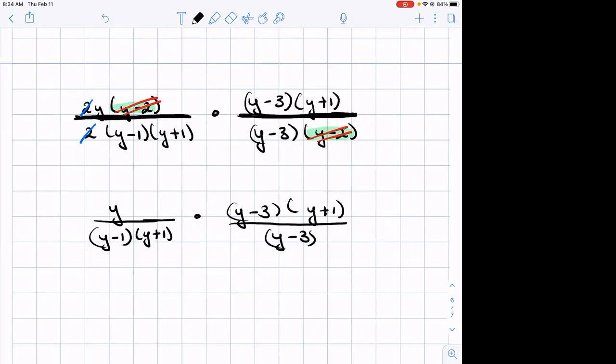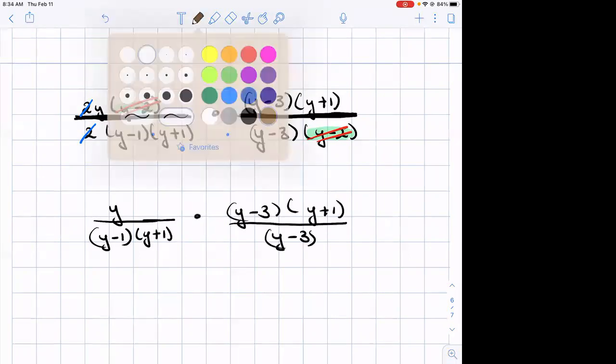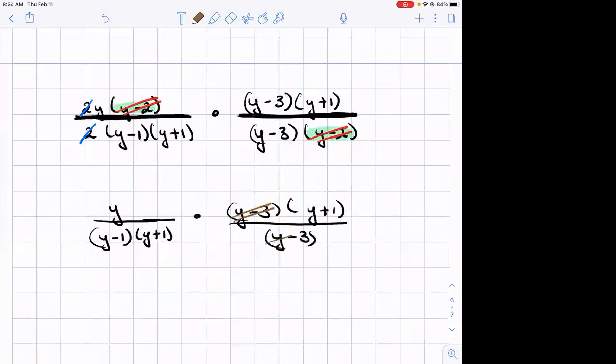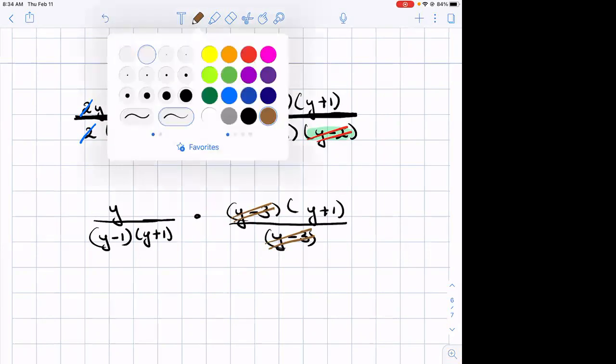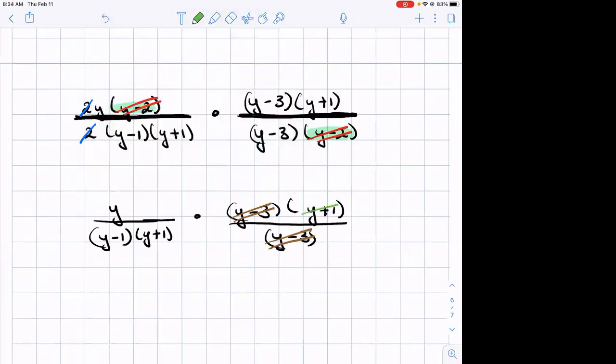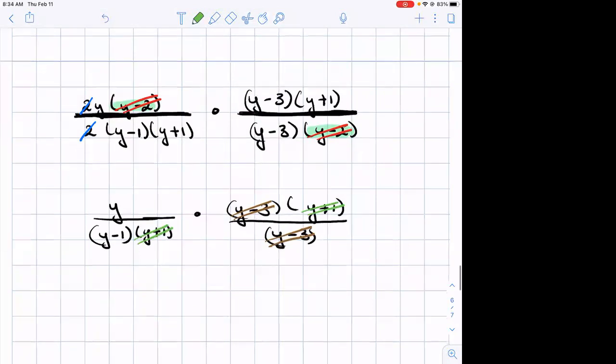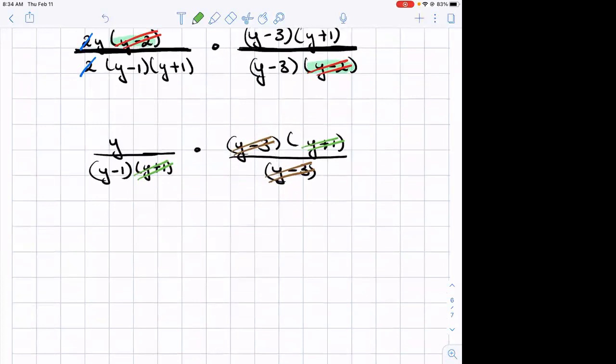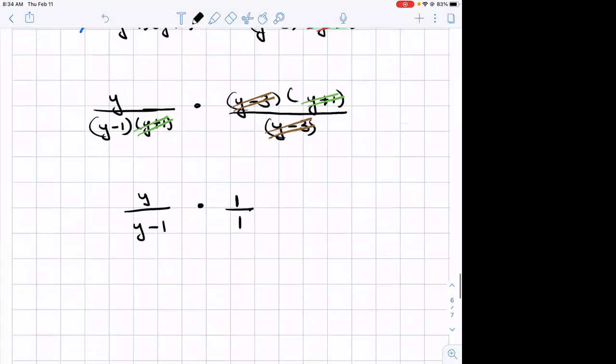Let's look again, right? So notice here now, I have a y minus 3 and a y minus 3. And then also, I have a y plus 1 in the top and a y plus 1 in the bottom. Any top with any bottom. So what do I have left? I have y over y minus 1 times, well, remember I said when they cancel out, you have a 1 over 1 left, right? They just don't cancel out and become 0.